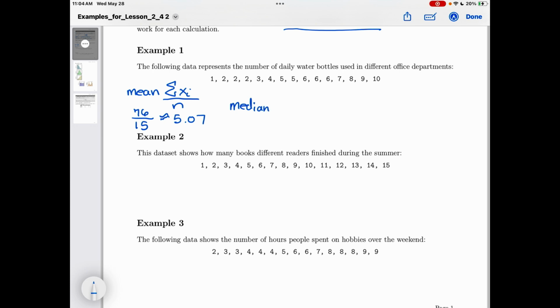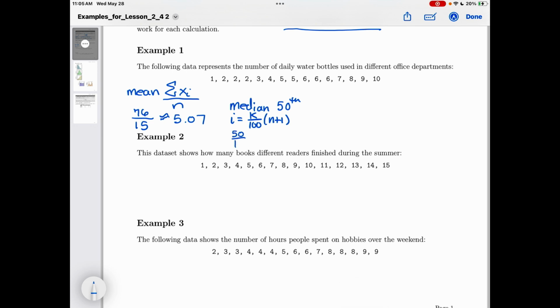Now, to find the median, remember that is the 50th percentile. So if I want to know the position of the value that splits the data in half, I use this formula from our percentile lesson.